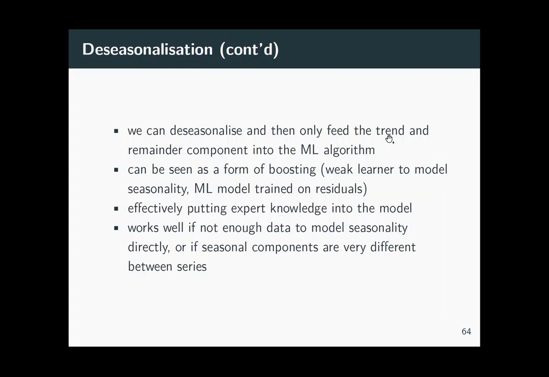You can think of that as some form of boosting, where at first you use one model that models seasonality, and then you feed the remainder into your machine learning model. It does put expert knowledge into the model. The idea is that if you do not have enough data to learn the seasonality from the data, it may be a good idea to do these decompositions beforehand.